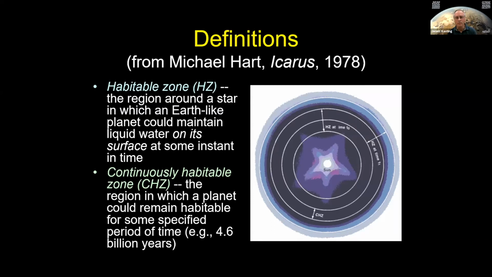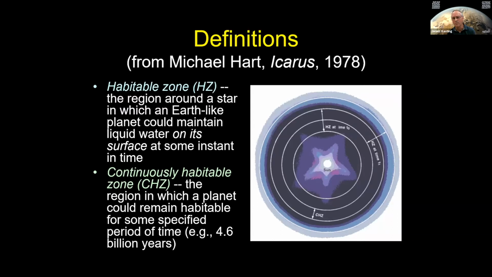And then he also defined what he called the continuously habitable zone, or CHZ, the region in which a planet can remain habitable for some specified period of time, which we usually take to be 4.6 billion years for our own solar system. If you can see my cursor here, the habitable zone moves outward with time, because all stars brighten as they age and convert hydrogen to helium.